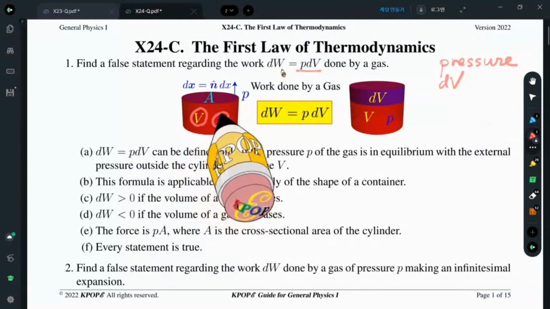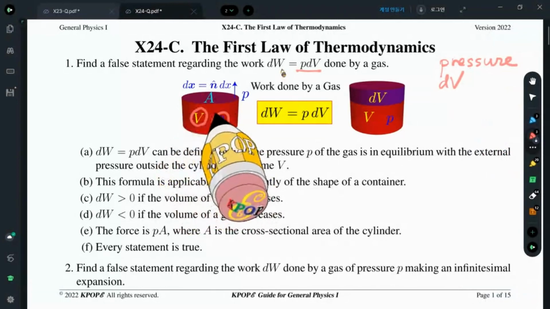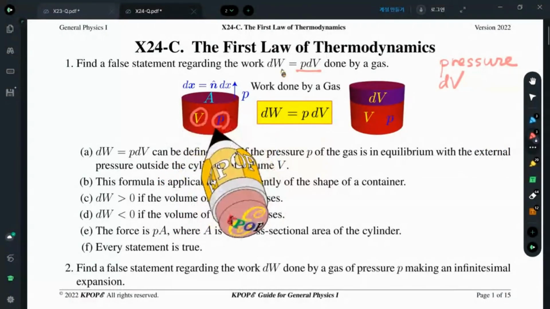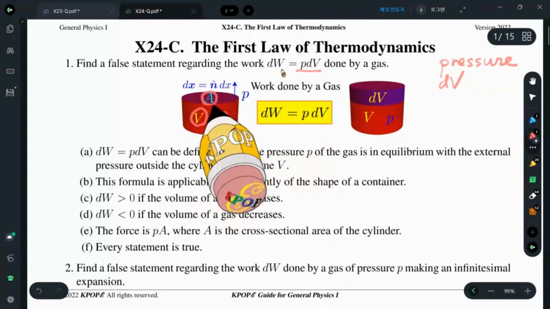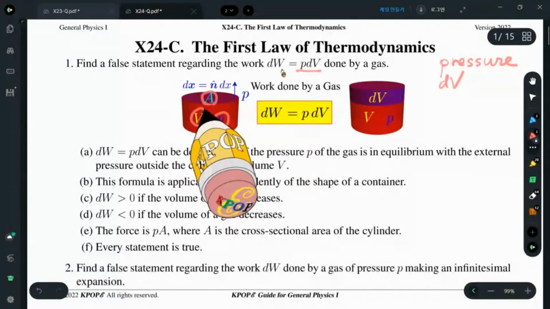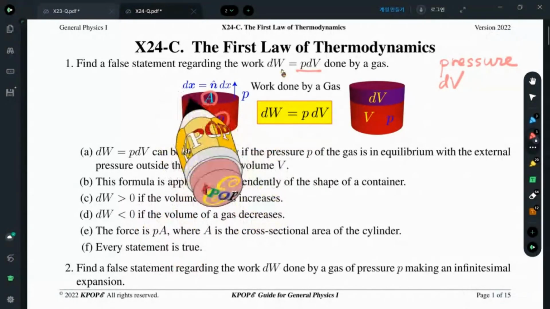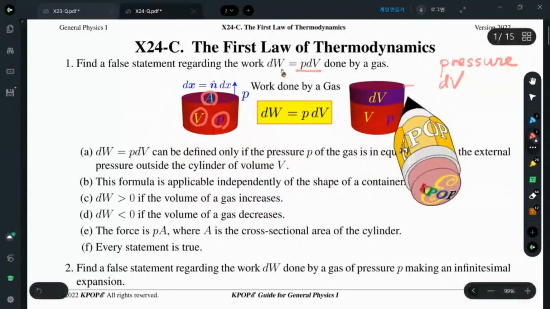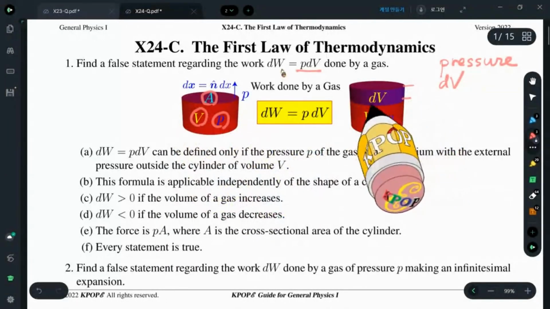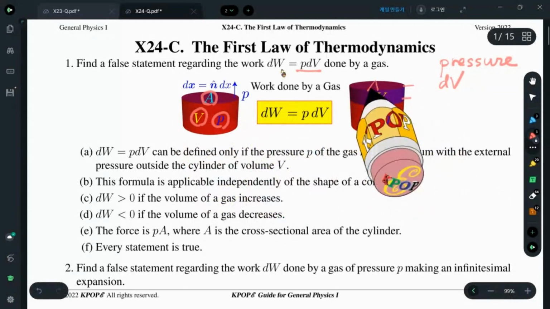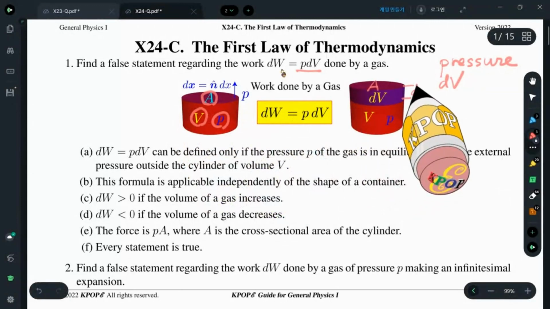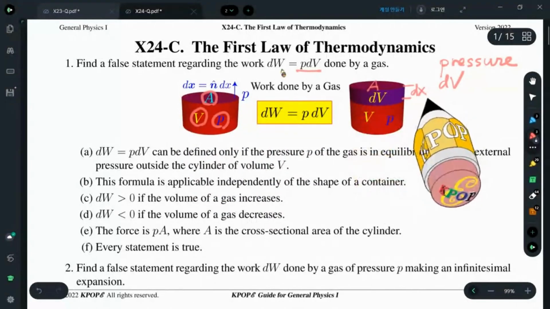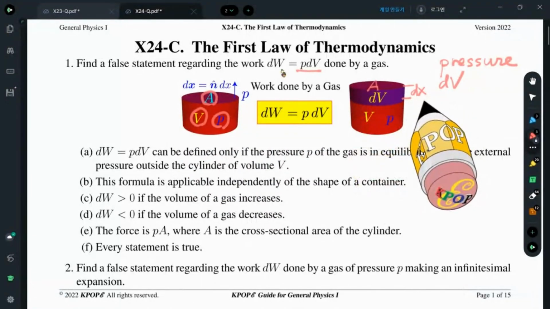A gas is in a cylindrical container whose cross-sectional area is A. The shape has changed, keeping the cross-sectional area the same, and we have a displacement of a piston by dx.